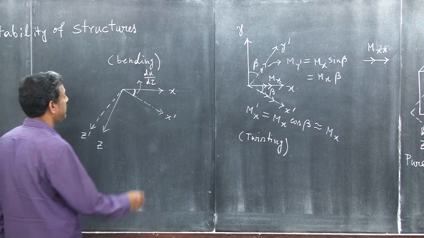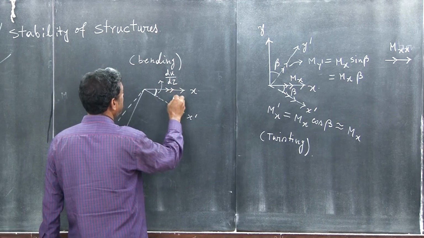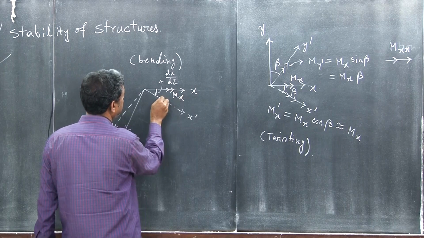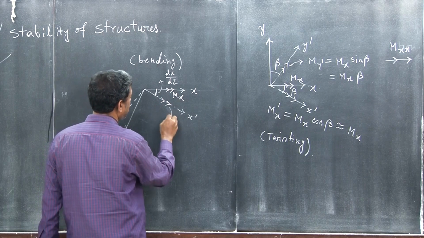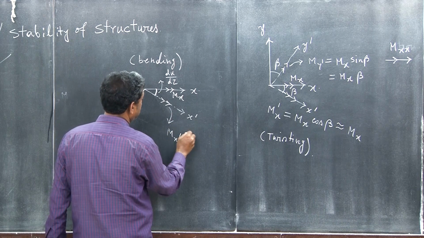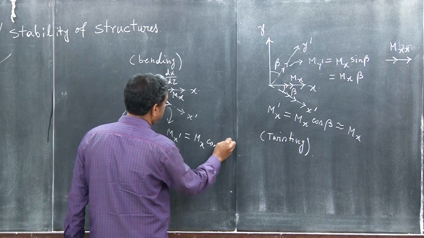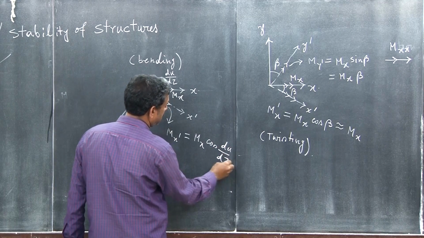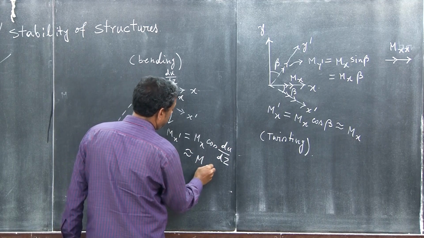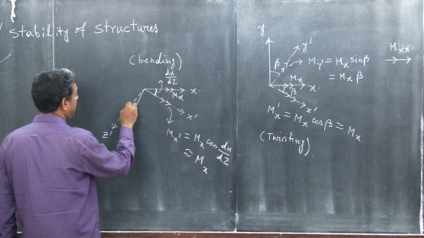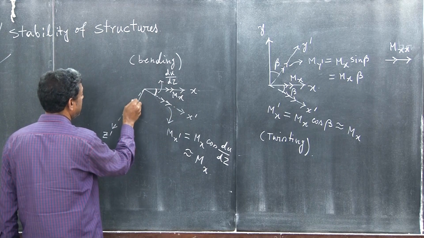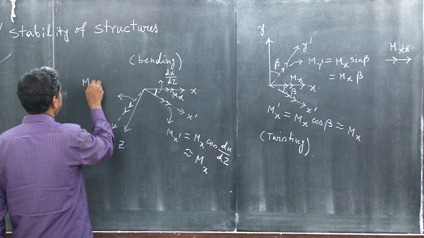right? So now this bending moment Mx, the component of this along the x dot axis is what? Mx dot is nothing but Mx cosine of du dz, and cosine of du dz is very small, so Mx, right? And what about this component? This one is Mz dot.